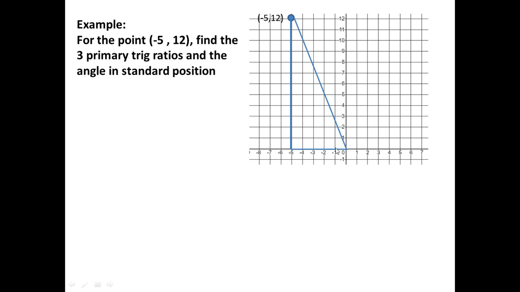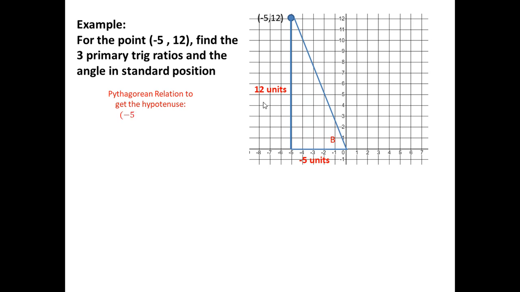Okay, so I've drawn my line here to create a right angle triangle. I've put my angle B. The horizontal is 5 units in distance, but since we're in quadrant 2, we're going to write -5 units. Our y, or the height, is 12 units, and we're going to use the Pythagorean relation to get the hypotenuse.